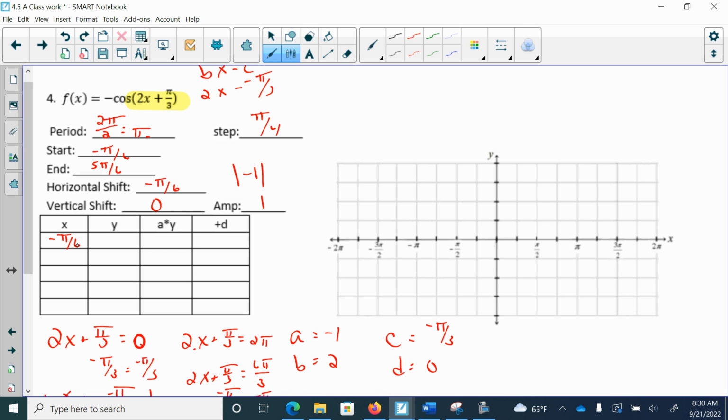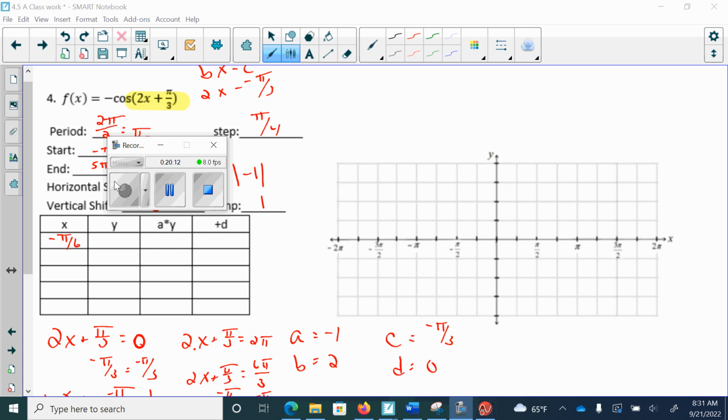If you're not a fraction person, which I don't think most of you are, I'm going to bring up my calculator and show you how to do that on a calculator. I am trying to add to this -pi/6 my step, which is that positive 1/4.